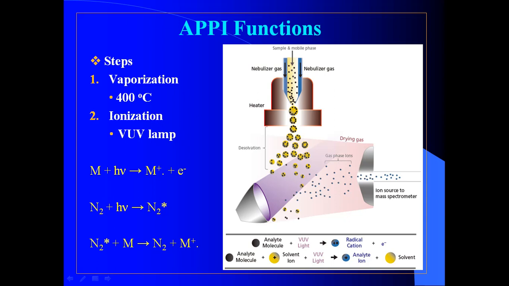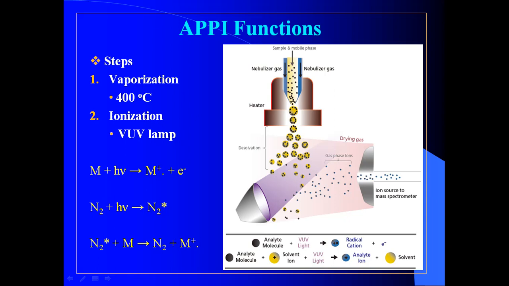Again, there are two steps, the vaporization step and the ionization step. The corona discharge is replaced with the vacuum ultraviolet lamp. The remaining process is the same: the nebulizer gas, the sample capillary, and the droplets formed. The heater facilitates the evaporation of the solvent.